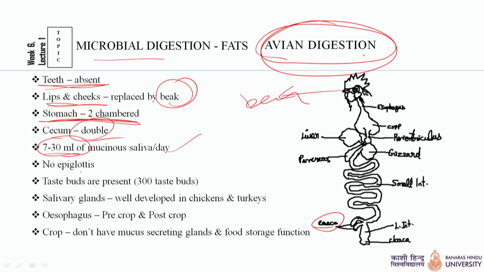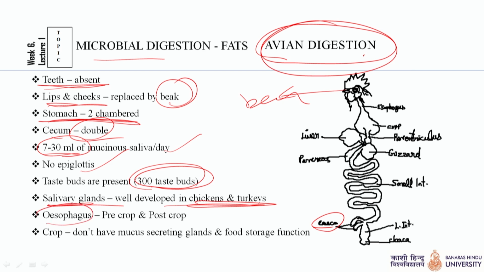There is no epiglottis in birds. Taste buds are present, almost 300 taste buds in birds. Related to these taste buds, we have already seen the special senses in neurophysiology and the respiratory system. The salivary glands are well developed in chickens as well as turkeys.